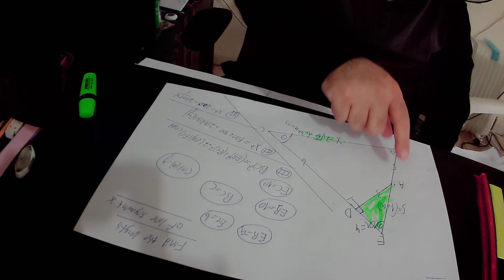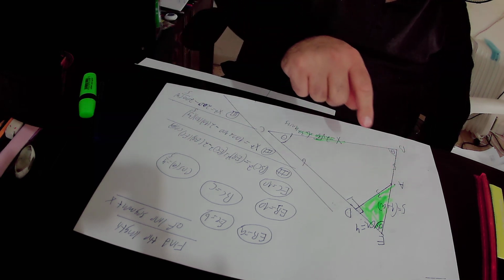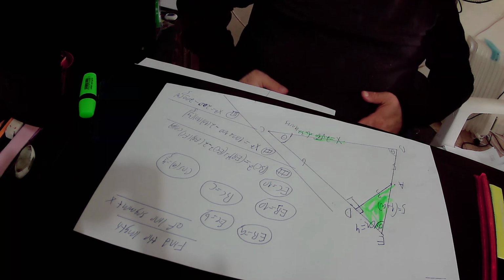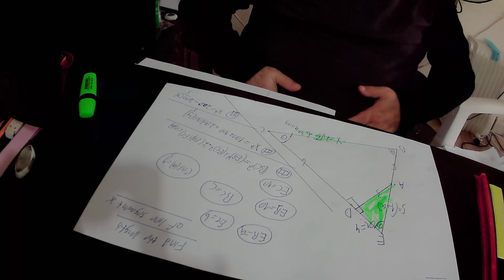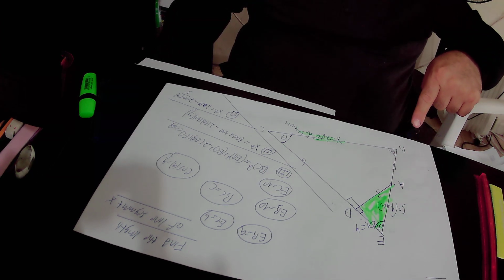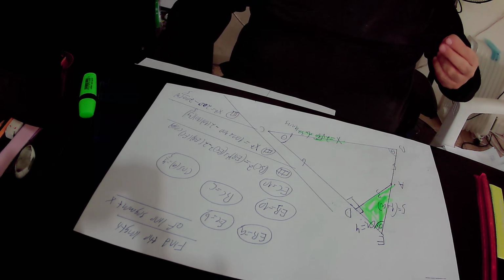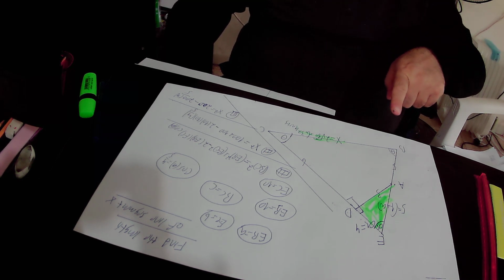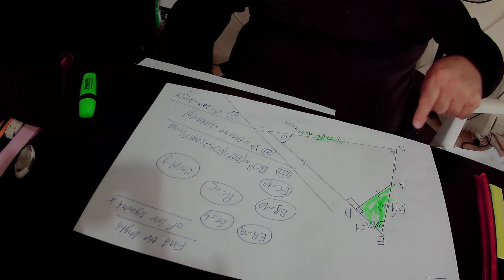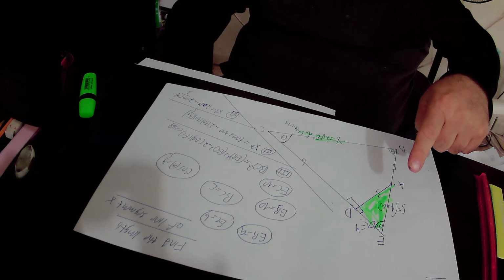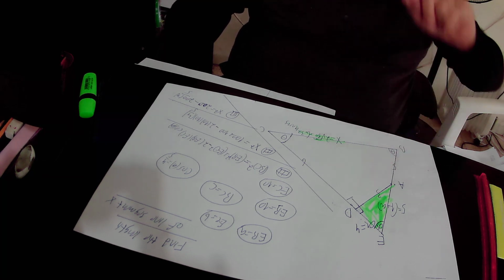EB equals 5 plus 5, that is 10. EC equals 4 plus 6, that is also 10. So we get that according to the law of cosines, BC squared equals EB squared plus EC squared minus 2 times EB times EC times cosine alpha.